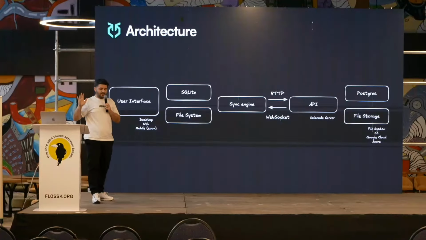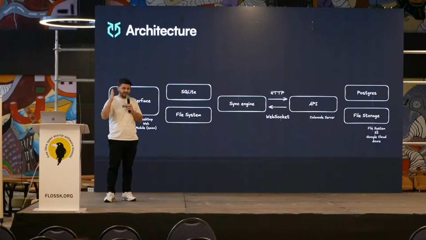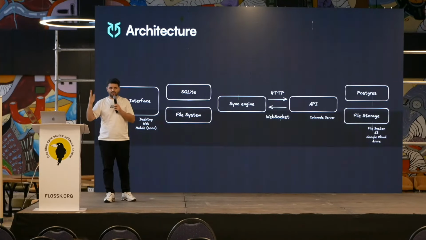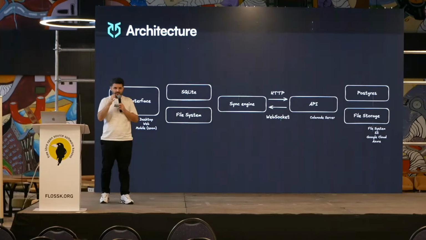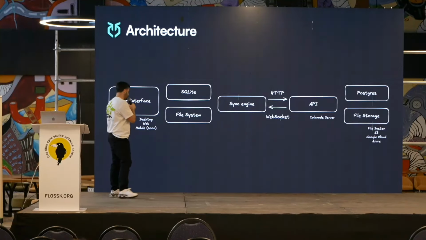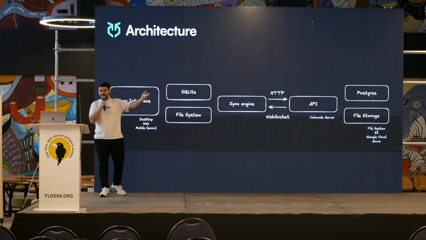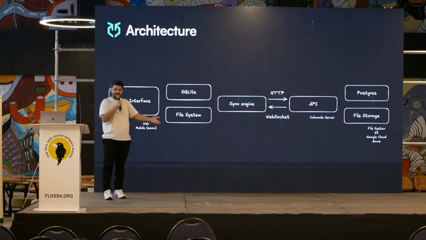But just keep in mind that at a high level, this is a very simplified architecture, because each step has a lot of details, and due to the time constraint we are not going to go into all of them. For example, one of the challenges is how to do this on desktop and on web as well. On desktop, it's easy. We use Electron, so you have access to the raw file system, but web is kind of complicated.